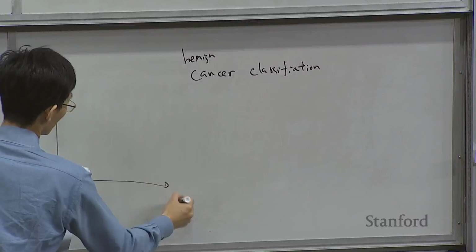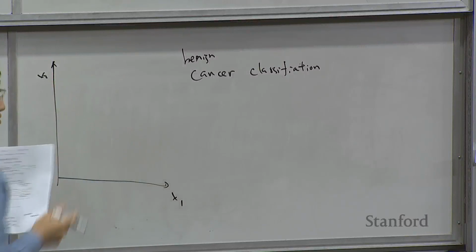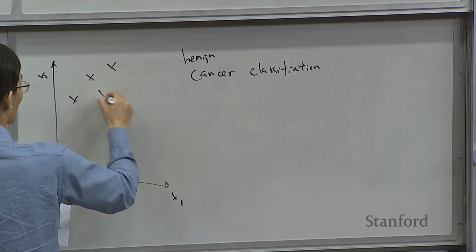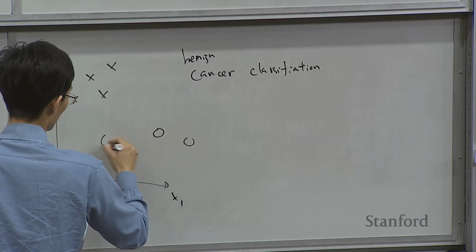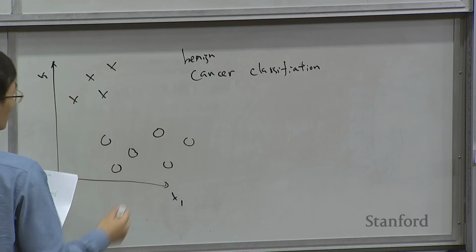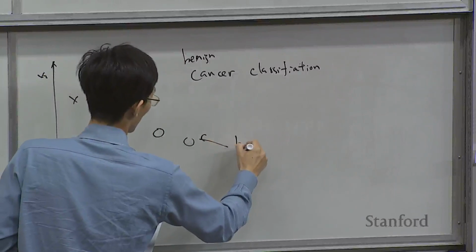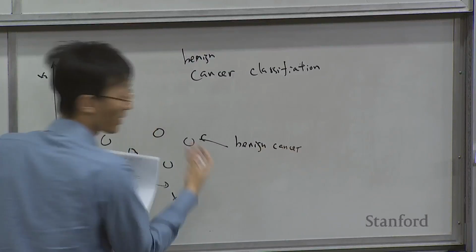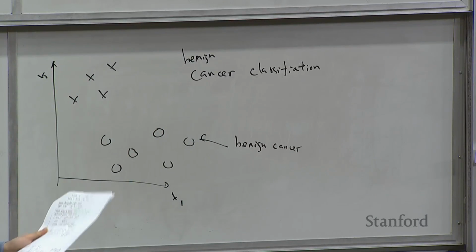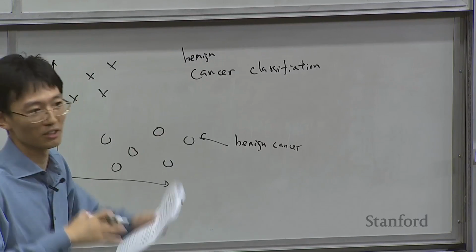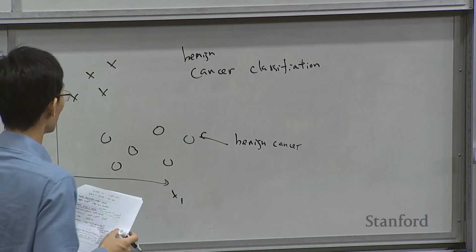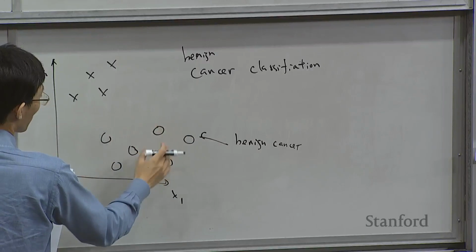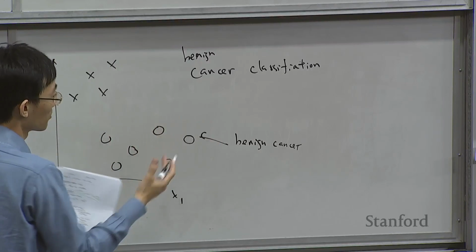So you have maybe x1, x2, two-dimensional inputs, and you see a bunch of data like this. These are cases where you have benign cancer. Think of x1 and x2 as some measurements of the patients, maybe blood pressure or the size of certain kinds of tumors, and for every patient or every case, you know whether this is a benign cancer or not.